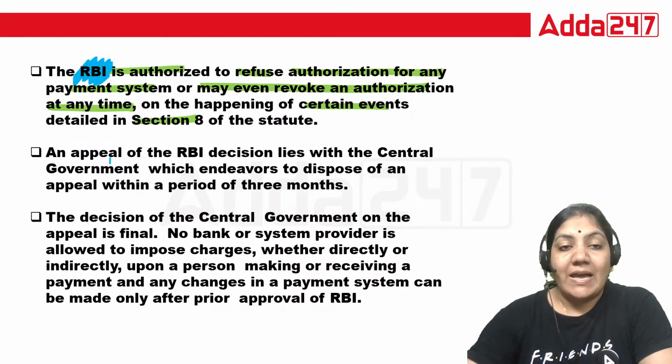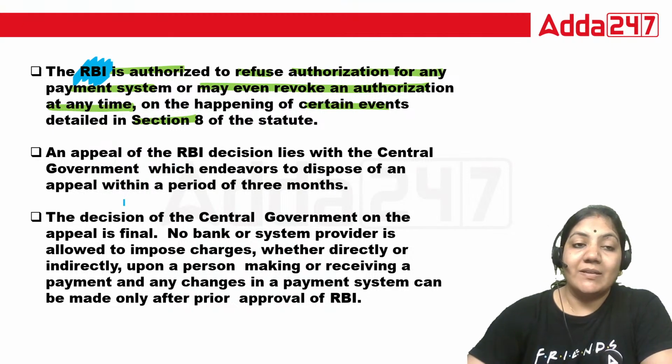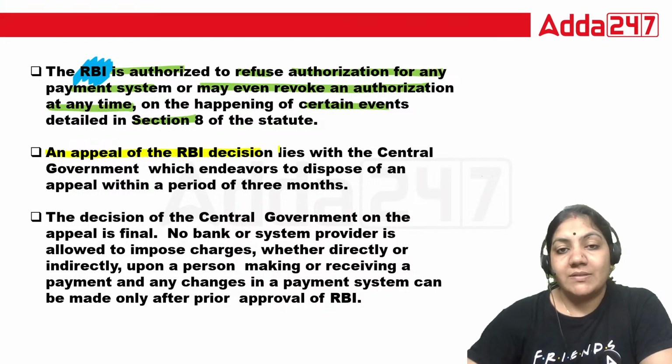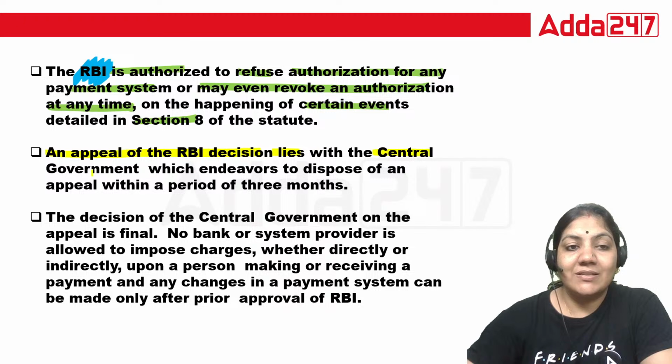Then after, an appeal of the RBI decision. What is this? An appeal of the RBI decision lies with the central government, which endeavors to dispose of an appeal within a period of 3 months.